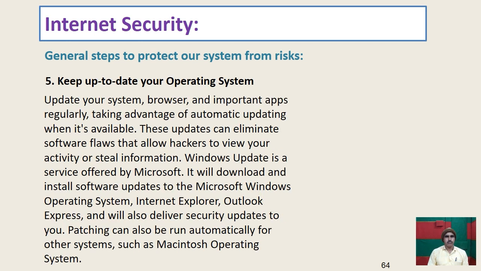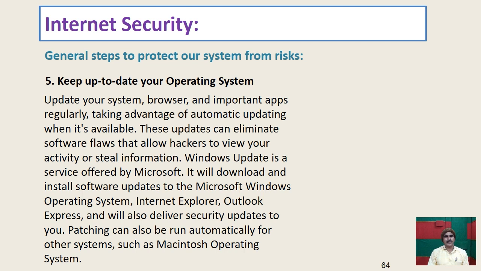Number 5, keep your operating system up to date. Update your system, browser, and important apps regularly, taking advantage of automatic updating when it is available. When updates are available, a notification may arise in your computer system or mobile.